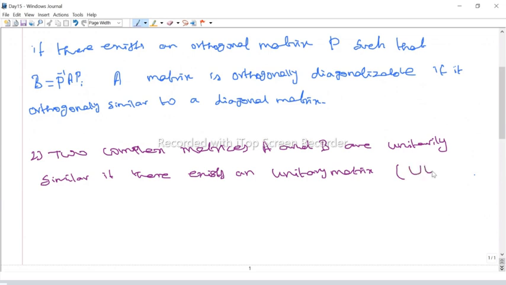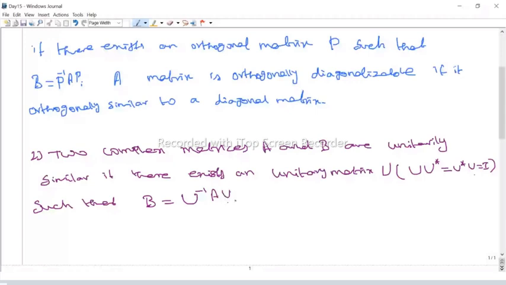That is U into U star, where U star is obtained by taking the conjugate and then the transpose. So U U star should be the identity matrix. Such a unitary matrix U satisfies B equals U inverse A U.